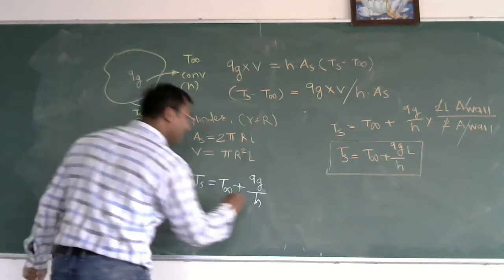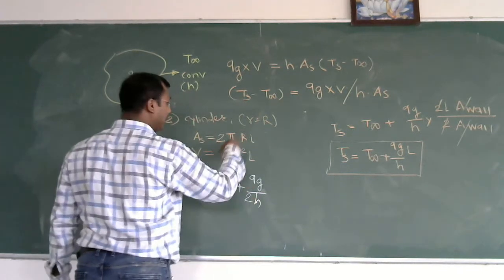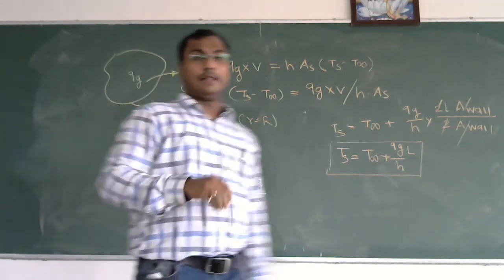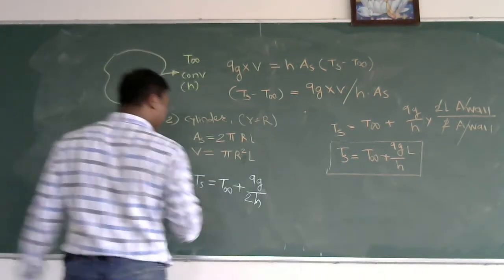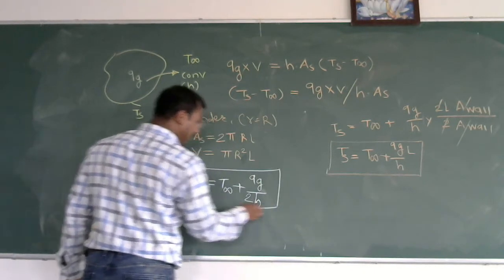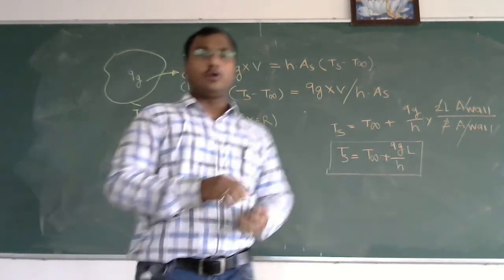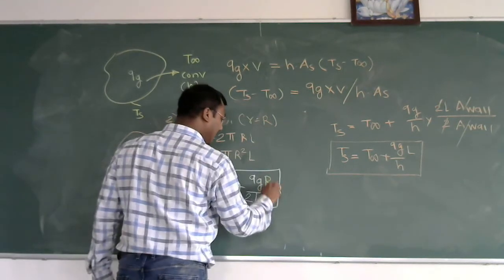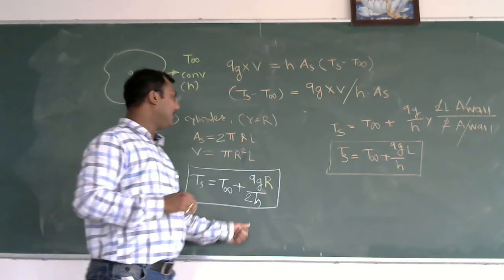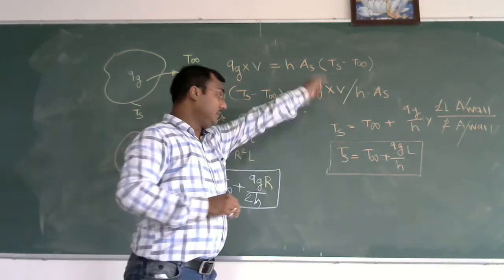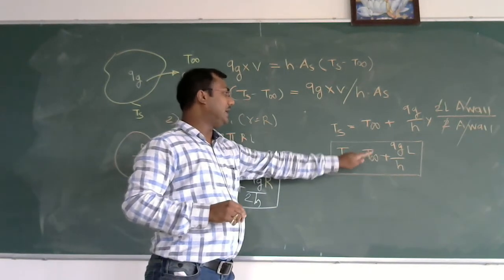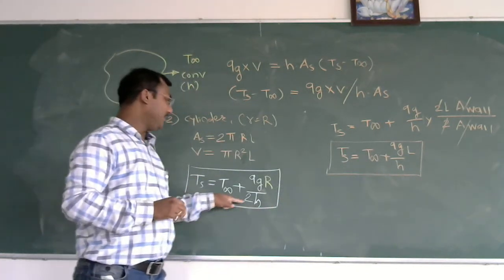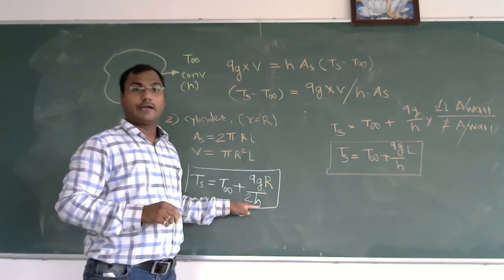Pi gets cancelled, one r gets cancelled, and L gets cancelled. So Ts is T infinity plus Qg r divided by 2h. So in case of the plane wall, it was Ts is T infinity plus Qg L by h. In case of the cylinder, it was Ts is T infinity plus Qg r divided by 2h.